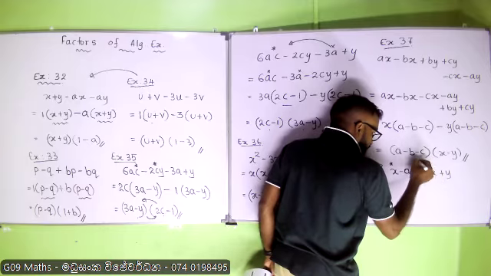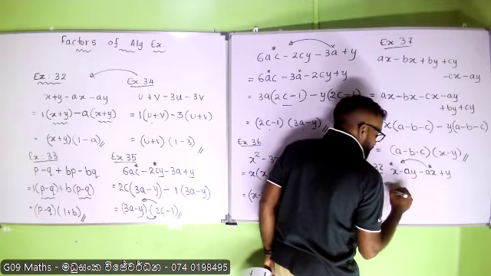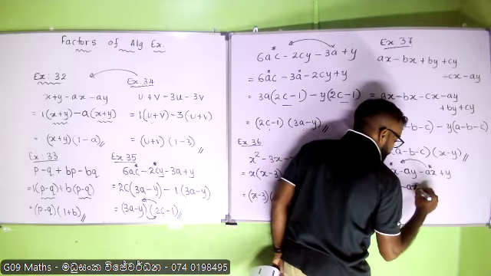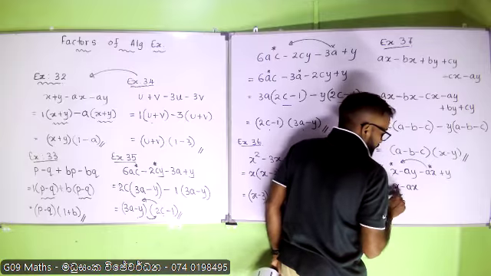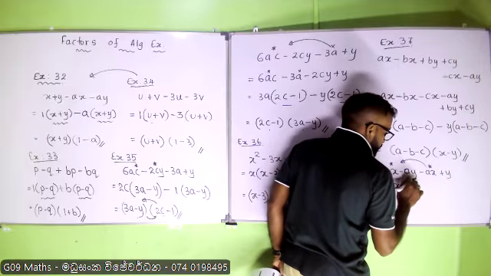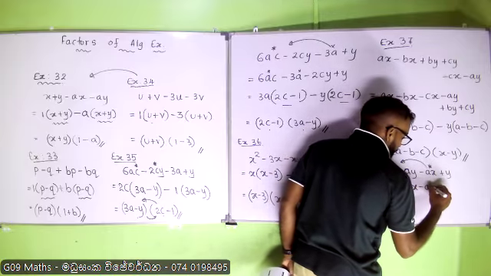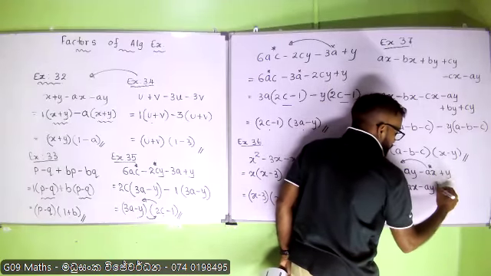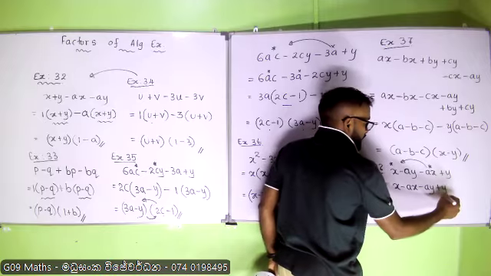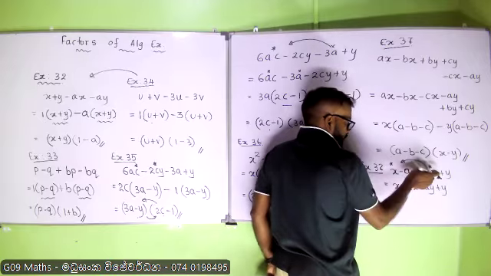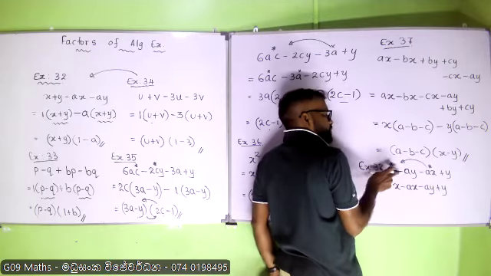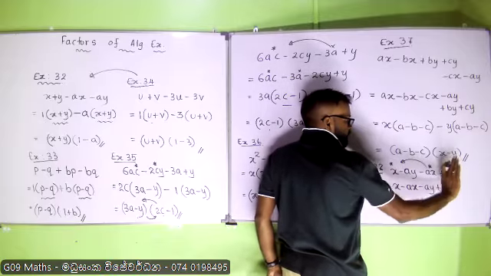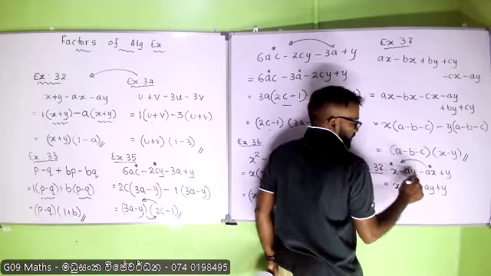So I am going to take the minus ax term into the second place. X minus ax. Here you have minus ay, and here you have plus ay. I am going to write it the same as it is, because I am taking this minus ax term to the second place, and I am going to shift minus ay to the right hand side.